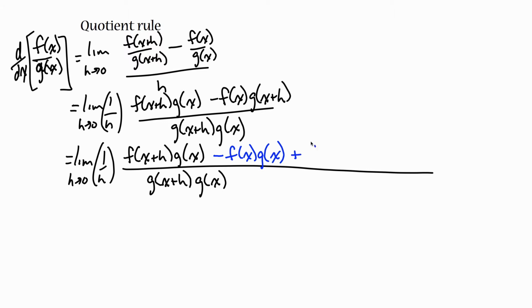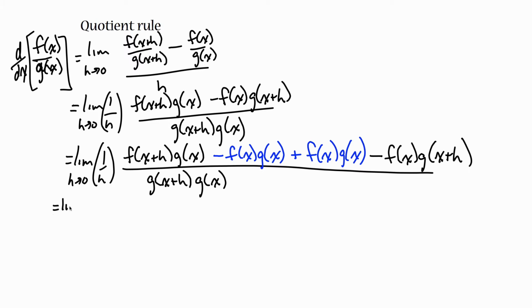Then I'm going to add it again, f at x times g at x. And I'm going to subtract the f at x times g at x plus h term.